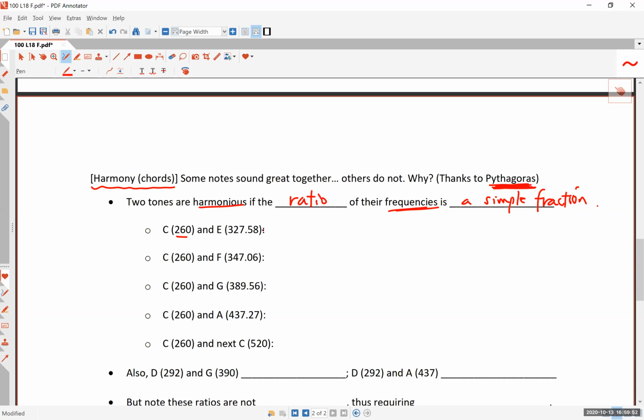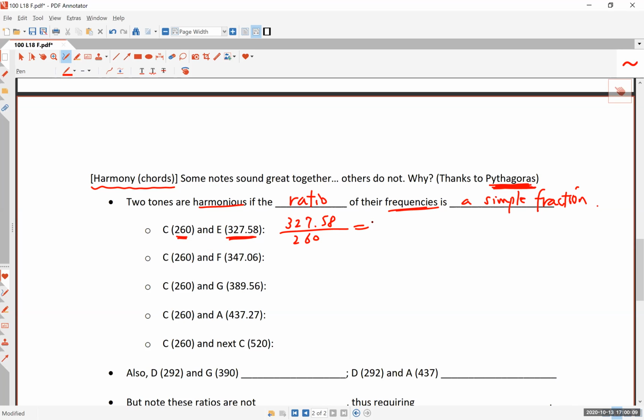What's the ratio between the frequency of E and the frequency of C? Because this is irrational, the answer is not going to be exactly precise, but let me show you what we mean by that. 327.58, that's an approximate number, divided by 260.